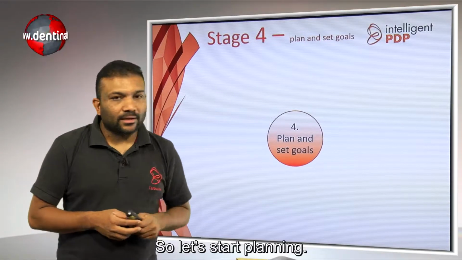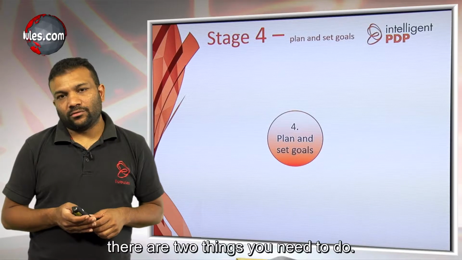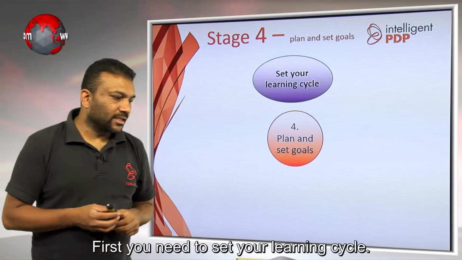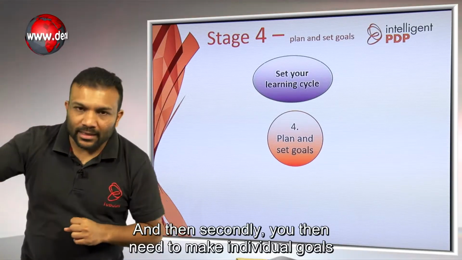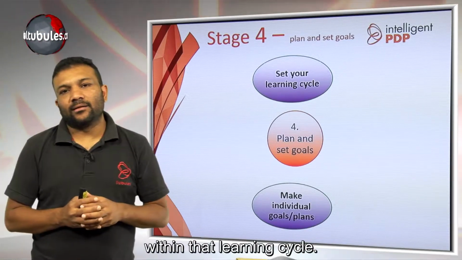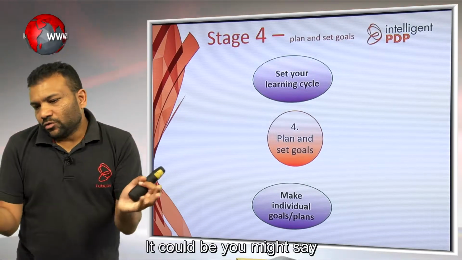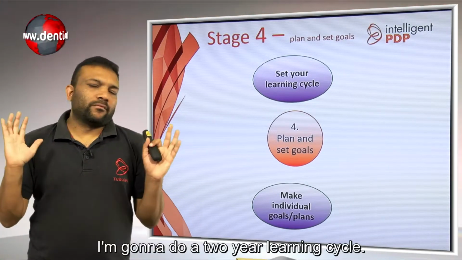So let's start planning. Now, when you plan and do your goals, there are two things you need to do. First, you need to set your learning cycle. And then secondly, you need to make individual goals within that learning cycle. Your learning cycle can be anything actually. You might say, I'm going to do a 2-year learning cycle. Fine.